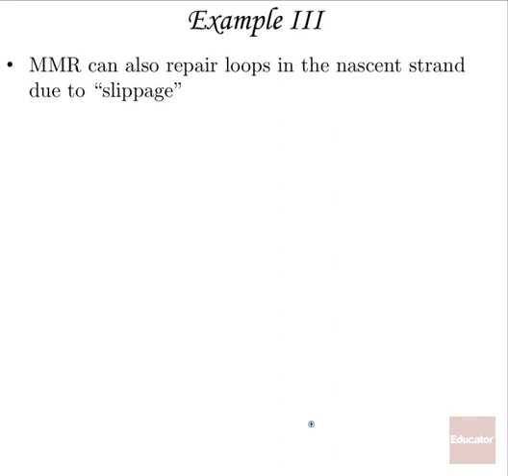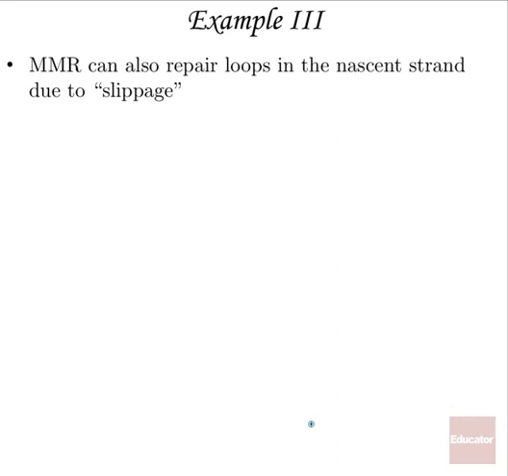So I had said earlier that we talked about slippage, and I would draw this out so that we can understand a little more. So mismatch repair can also repair loops in the nascent strand due to what's called slippage.